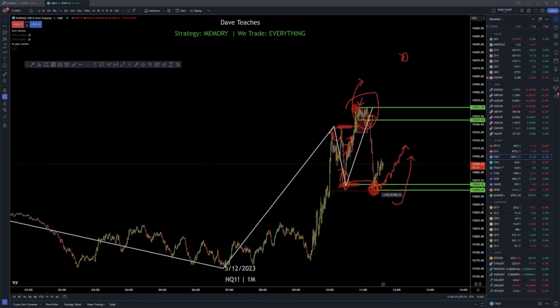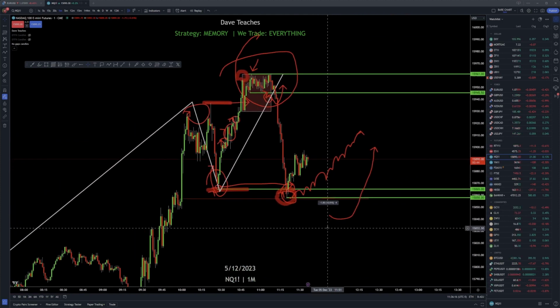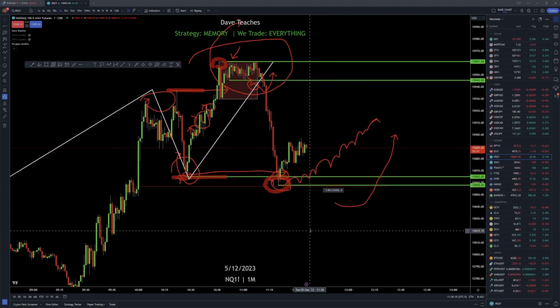We understand that lower time frame structure does not dictate higher time frame structure. Lower time frame structure facilitates higher time frames order flow. You hear that? Lower time frame structure, it facilitates higher time frame order flow.